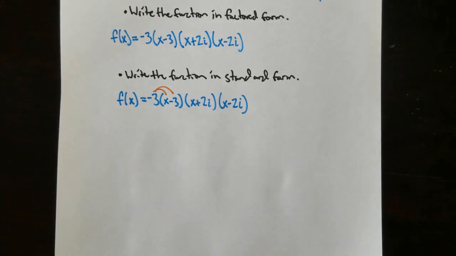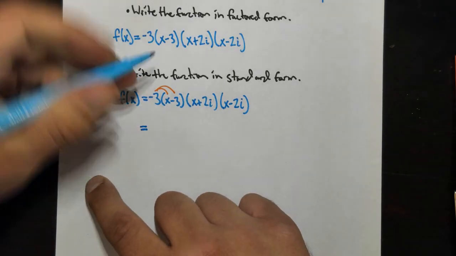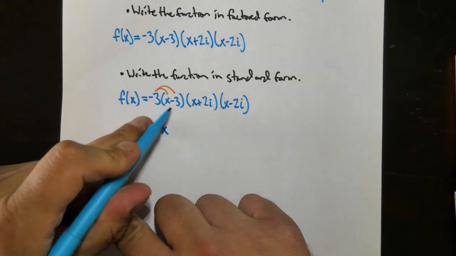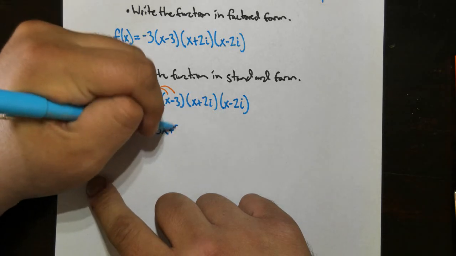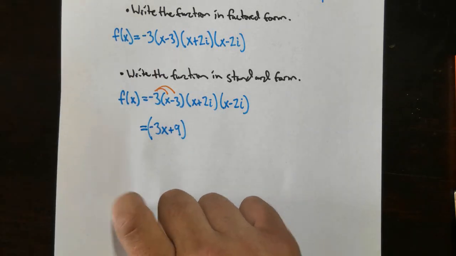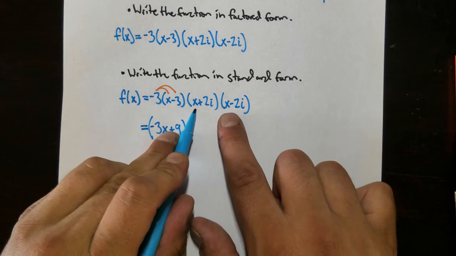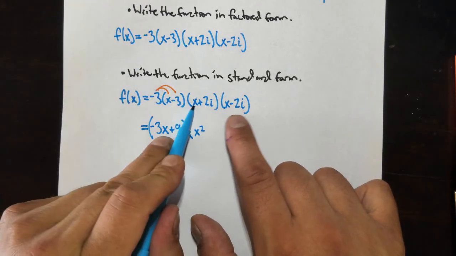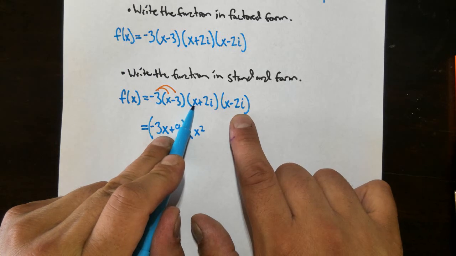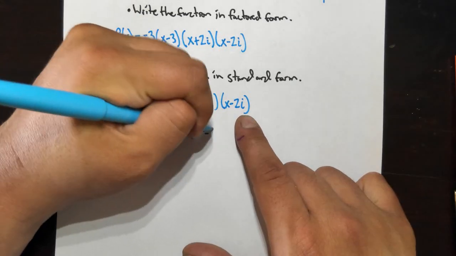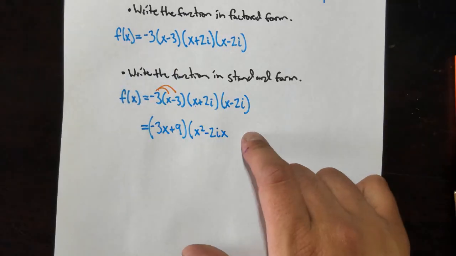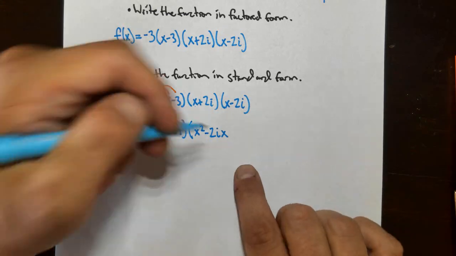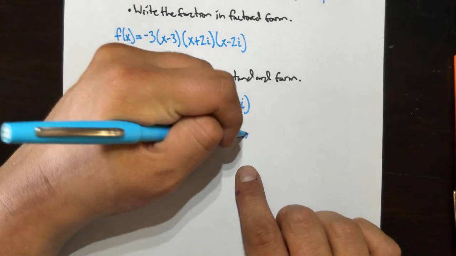So negative 3 times x is negative 3x. And then negative 3 times negative 3 is positive 9. And then now I'm going to multiply these two together. So x times x is x squared. x times negative 2i is minus 2ix. Be careful there. And then 2i times x is positive 2ix.